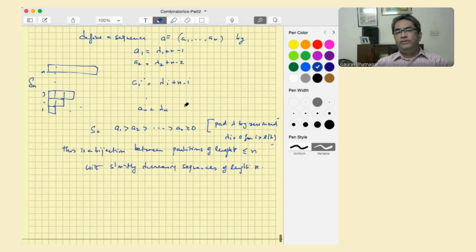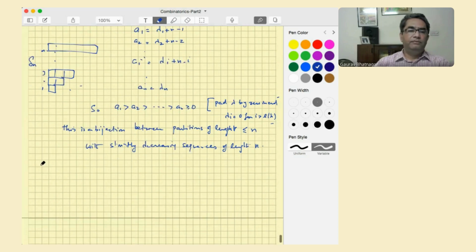So, which is to say that you can just do it, and now we come to the definition. Let lambda be a partition.